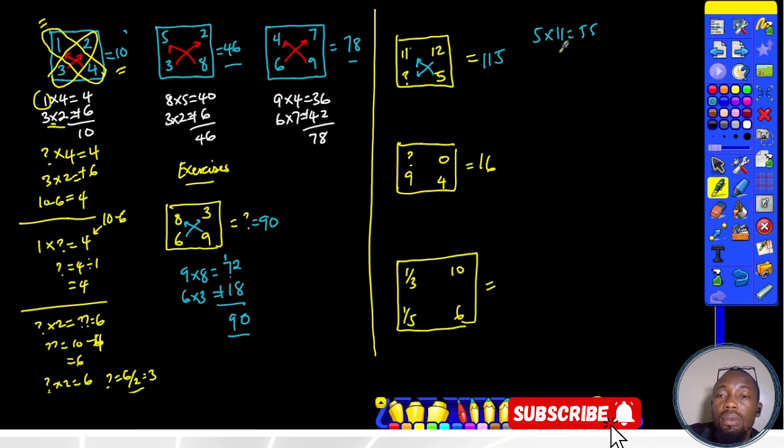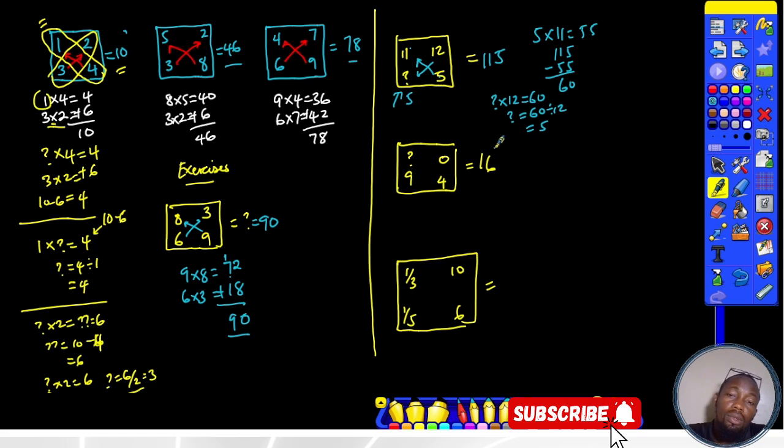Then 115 minus 55. This is going to be 60, guys. So once you have 60, we know that this missing number times 12 must give us 60. So that missing number is going to be the reverse engineering, 60 divided by 12, which is 5. Here, guys, here should be 5.